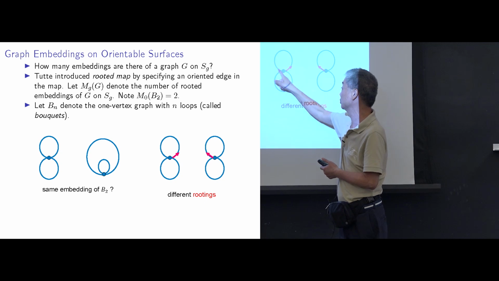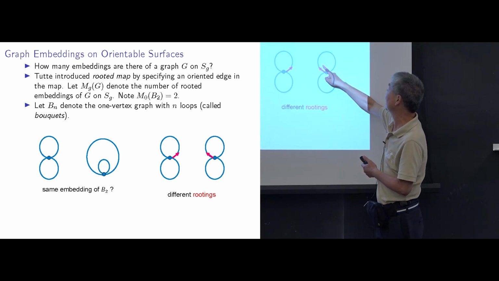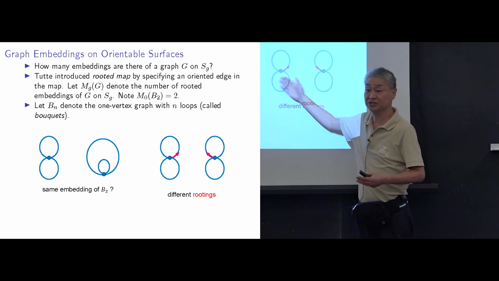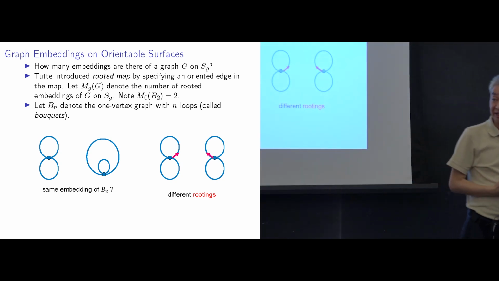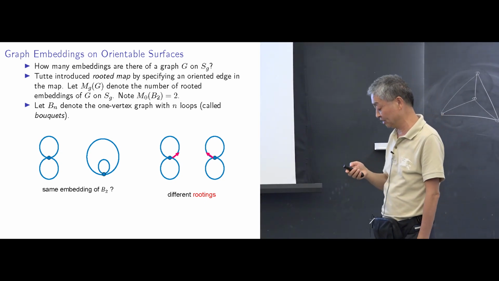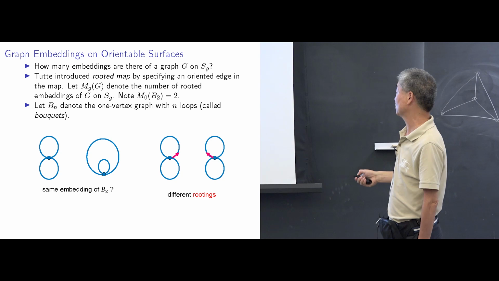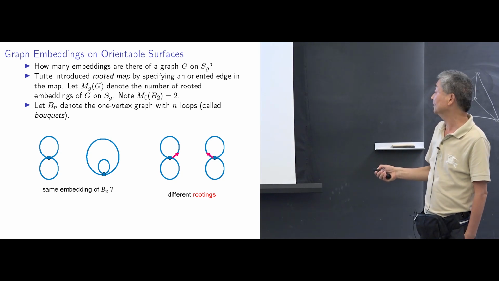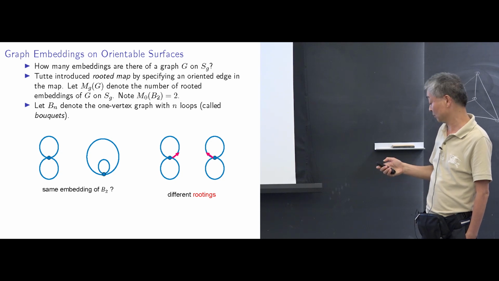It's bounded by 2 loops outside. But here, if you look at the right side, the root face has degree only 1, so this distinguishes these two rooted embeddings, okay? These are treated as two different rooted maps, embeddings. Actually, on the plane, this graph has exactly these two different rootings, I think.